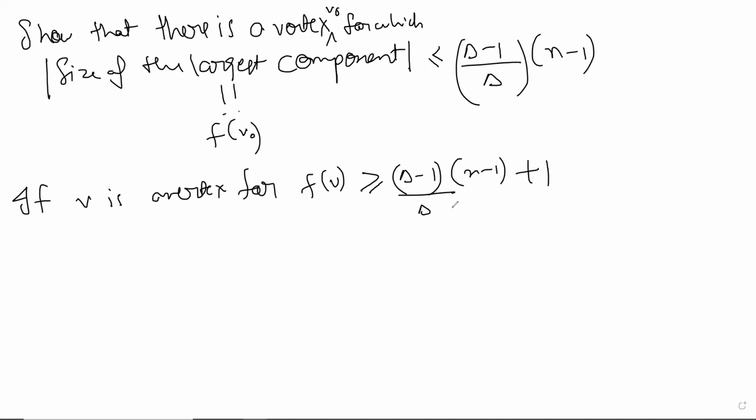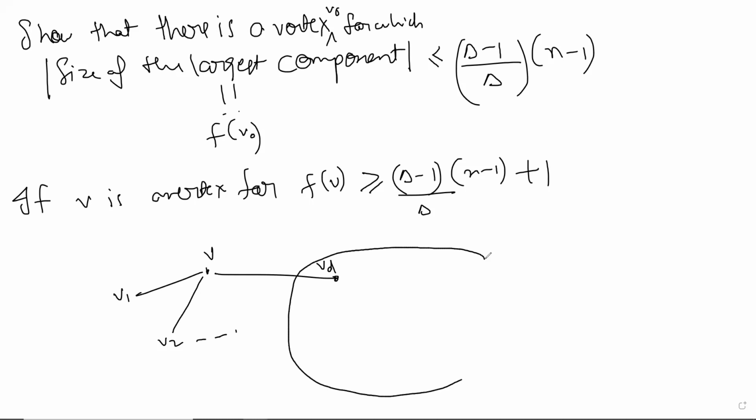If there is a vertex for which f of v is more than this, let's say that v is this vertex and it has these neighbors v1, v2, dot dot dot, vd. This is the portion for which f of v is attained, and then these are smaller portions. So this is the portion T prime for which f of v is attained.